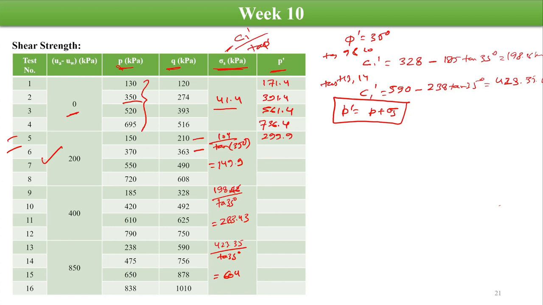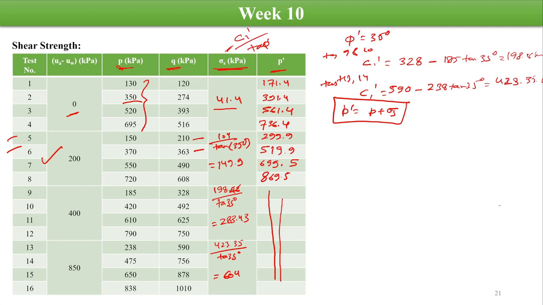Moving further, 370 plus 149.9, 519.9, and further if we move, 699.5 and 869.5, and so on. We can calculate all these values, right?